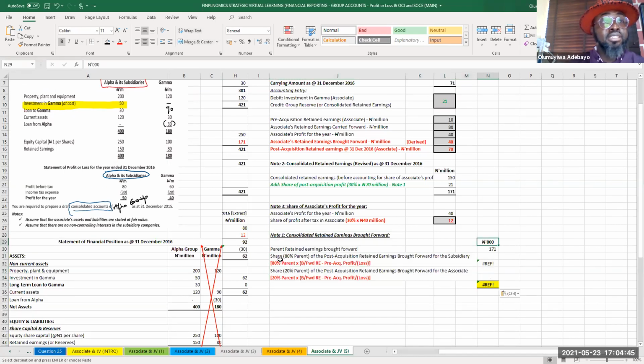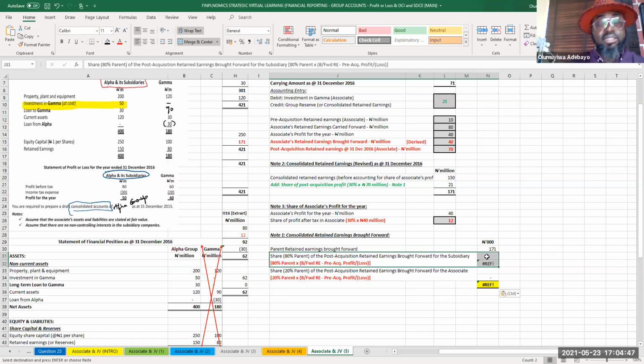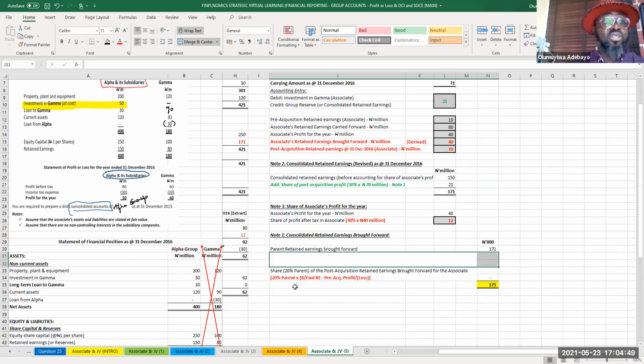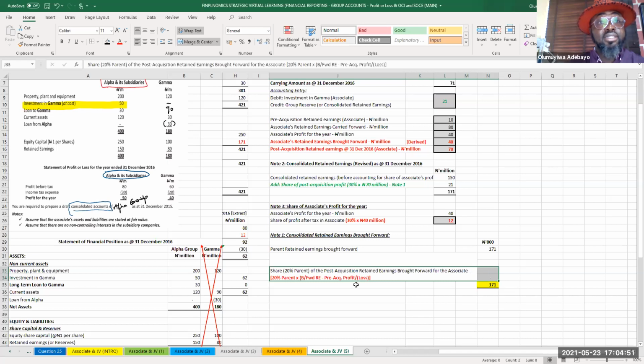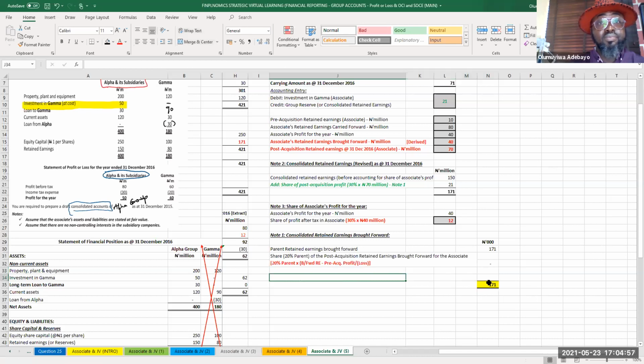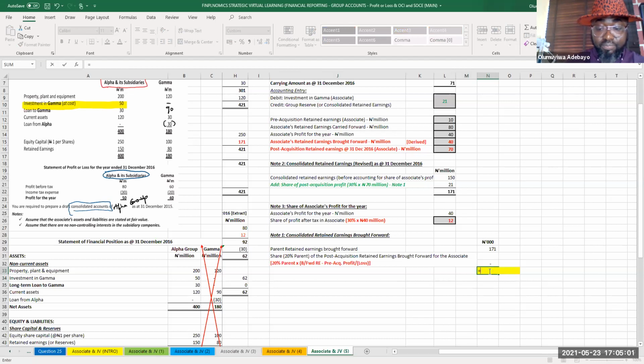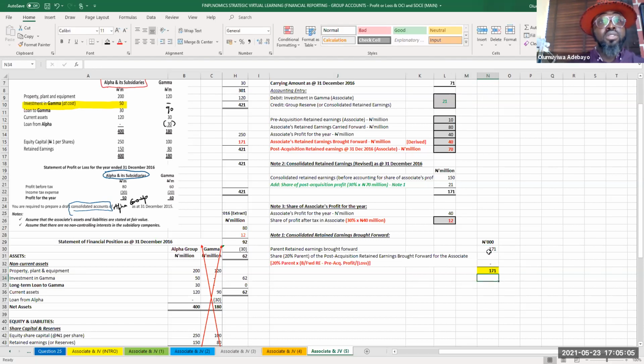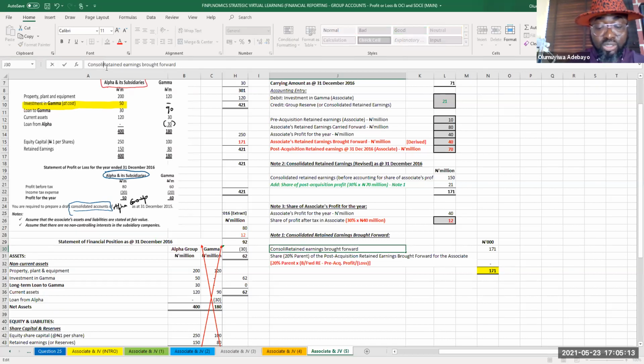Okay, but this will not be required for the subsidiary because that has already been consolidated. What is now left for us is that of the associates. Now this is already consolidated. I won't use the word parent, I'll use the word consolidated.